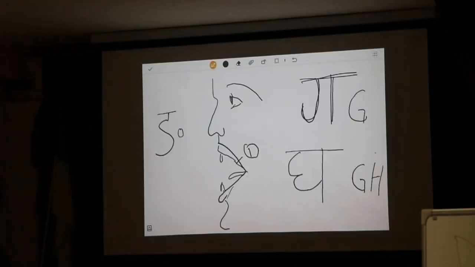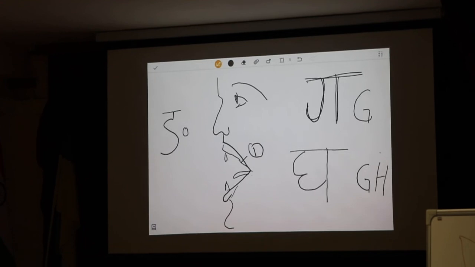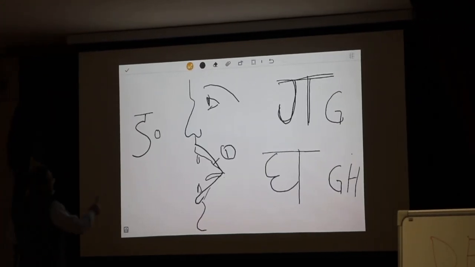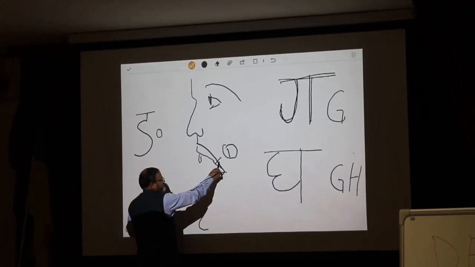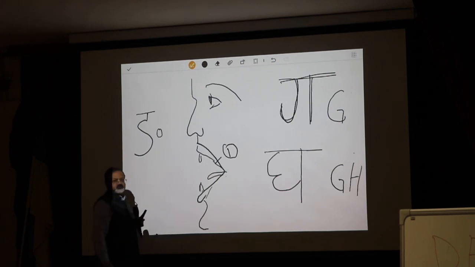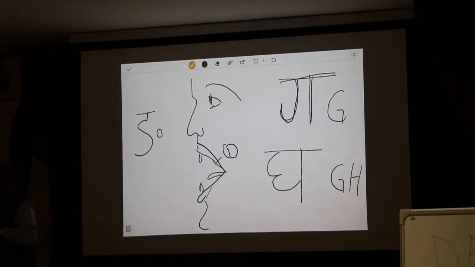So these are the 5 consonants which are pronounced when the tongue touches the base of the mouth.